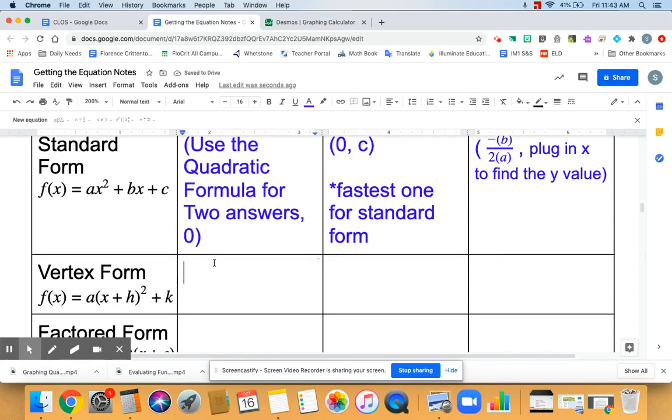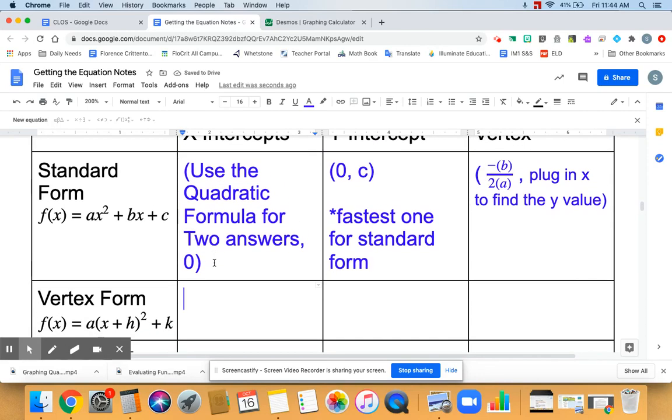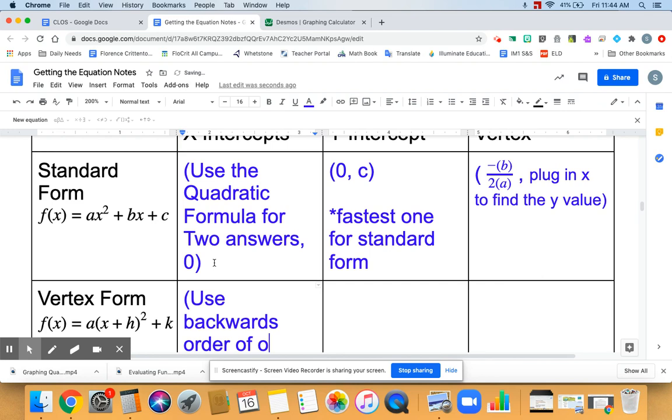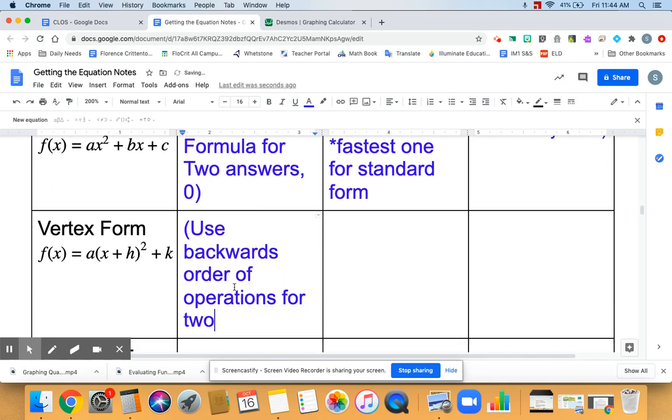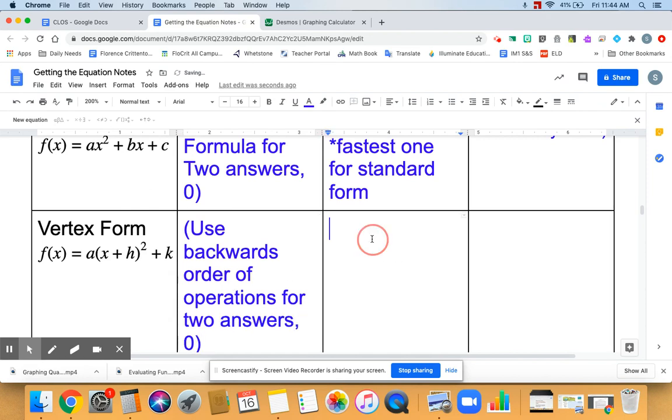For vertex form, to get your x-intercepts, you use backwards order of operations for 2 answers. Then it's comma 0. Get the y-intercept, it's going to be 0, comma, plug in 0 to find the y value. You just put 0 into the x and then solve to get the y.